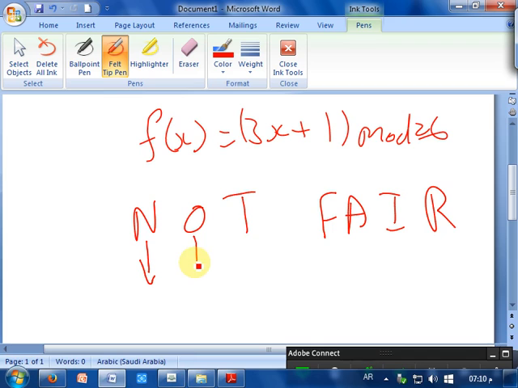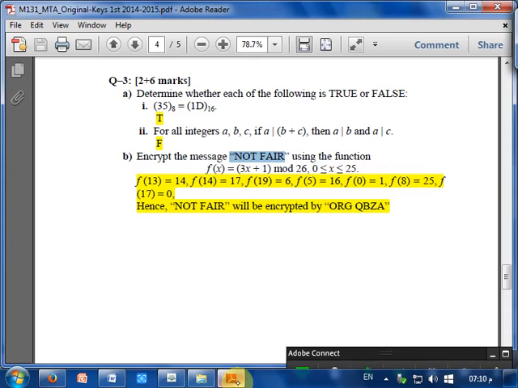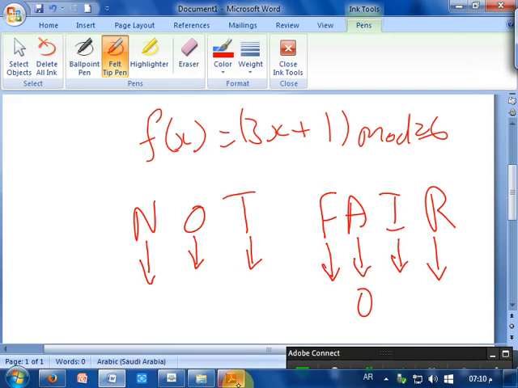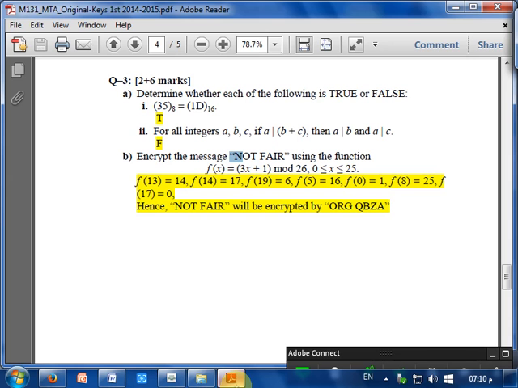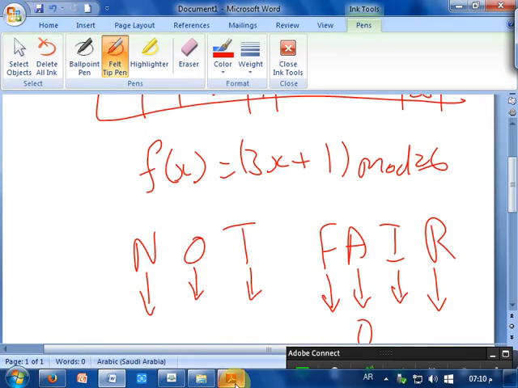Now first you take what is the number for these. A is 0, B is 1. N is in position 13.